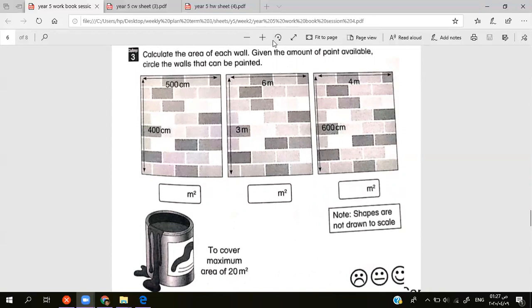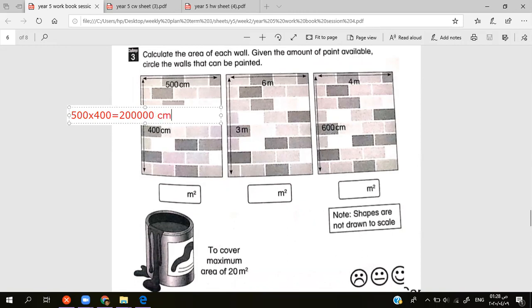So now I'm gonna multiply 500 by 400, which is gonna give me, I'll take the 4 zeros out, and then 5 times 4 is 20. Okay, guys, now this is centimeters squared.